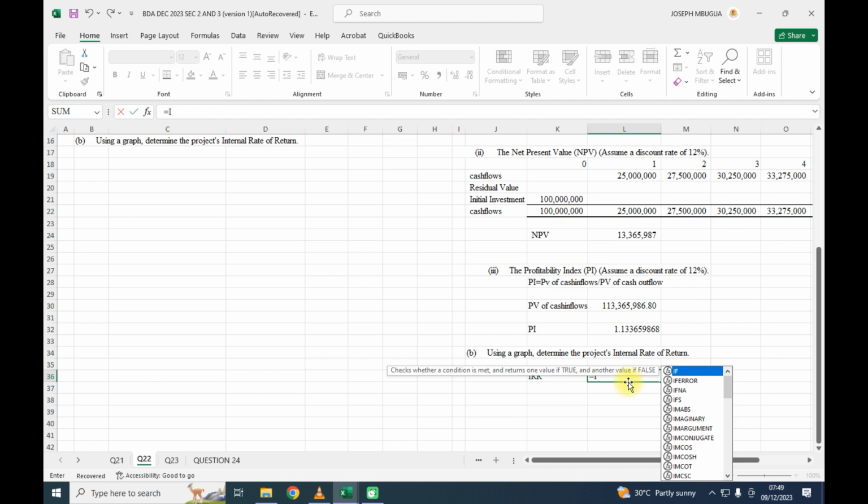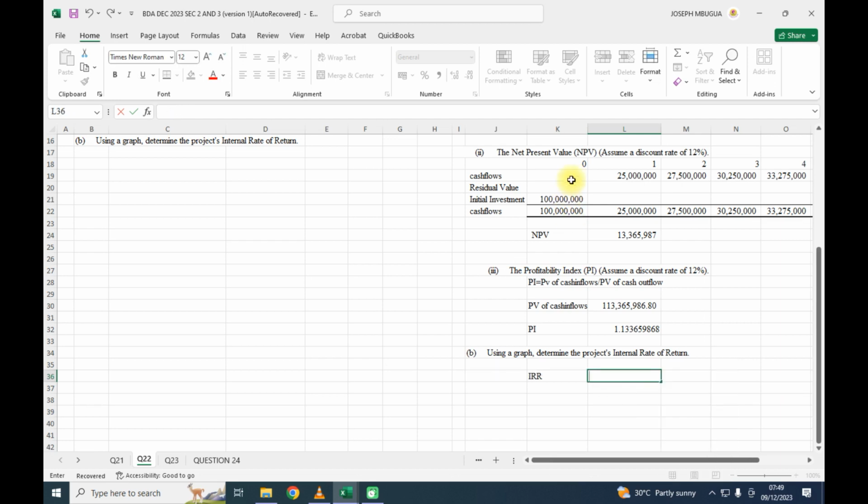So IRR, using the formula, we just take the values, and because this one is a negative, I'll include a negative. If I include this to be a negative, I'll do some adjustment so that here we shall add instead of minusing.